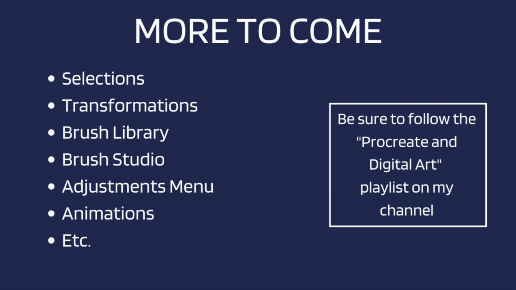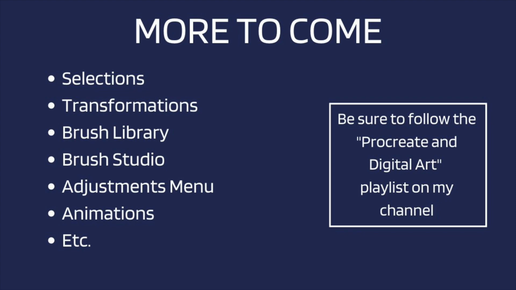But other than that, again, we're going to go over the brush library. So every brush that Procreate has preloaded onto the software, I'm going to go over the properties of that brush to some extent, show you some of the differences and what kind of brush it is and what you can do with it. So we'll go over those.